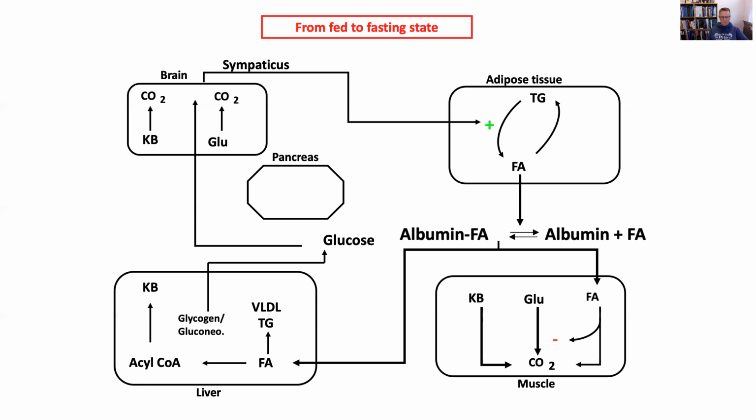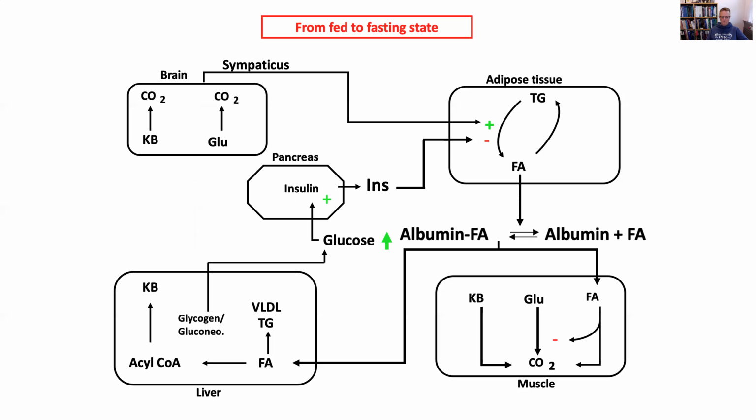This will, of course, result in a slight increase in glucose, which is enough to signal to the pancreas that insulin should be secreted from the pancreas, and insulin is a strong inhibitor of lipolysis. So this will obviously result in inhibition of lipolysis.